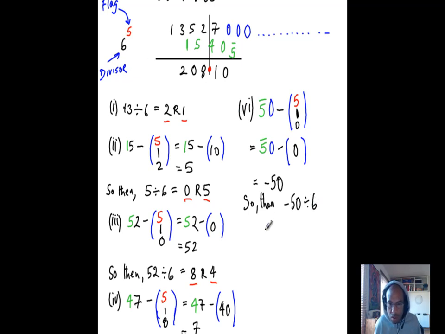We're always dividing by 6 in this one. So that is 50 divided by 6. Didn't we do that before? No, we did 52. 50 divided by 6 is 8, remainder 2. But it's minus, isn't it? So we've got to put a minus sign in there as well.